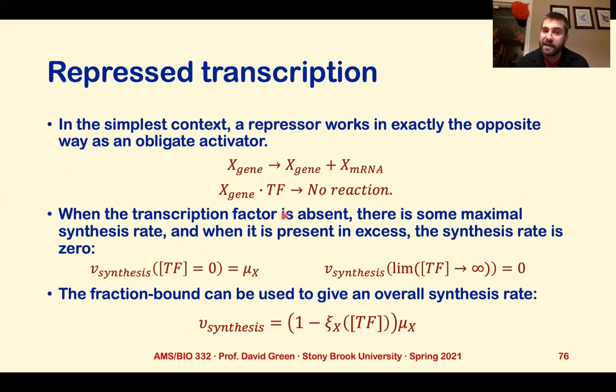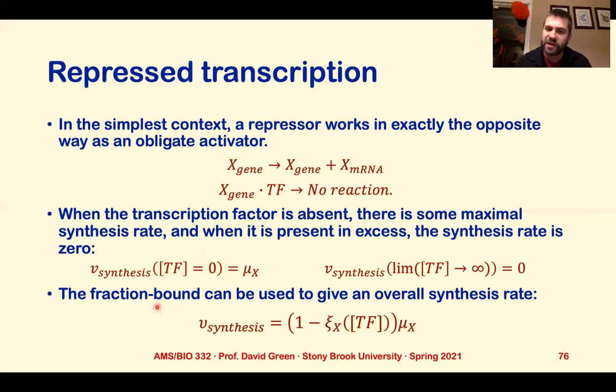The same idea of fraction bound can be used to average this out. It just works in the opposite way. The contribution from the bound state of the transcription factor is 0, and the contribution from the unbound state is mu x.